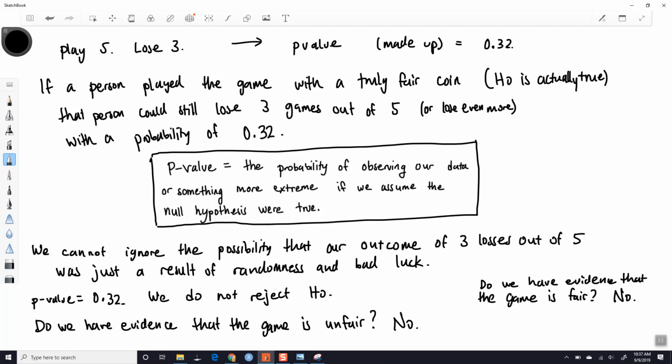It's just playing 5 games and losing 3. That doesn't provide much evidence either way, okay? It doesn't prove that the game is unfair, but it also doesn't prove that the game is fair, all right?